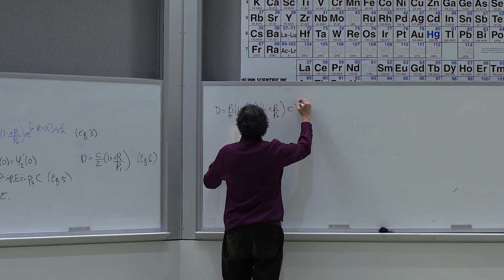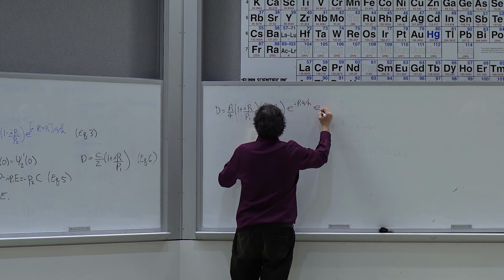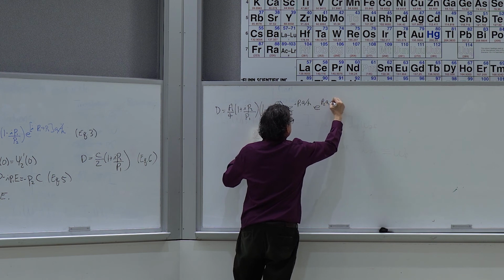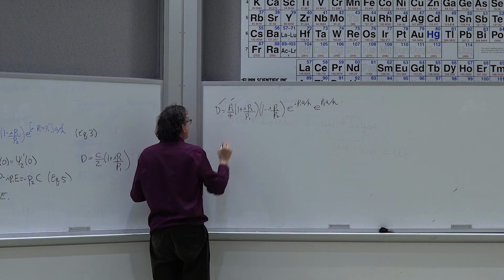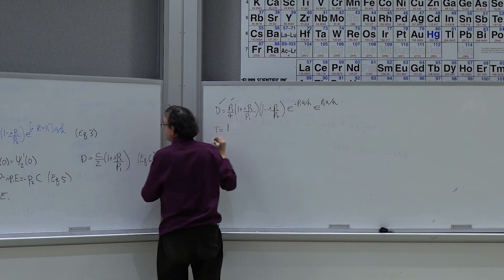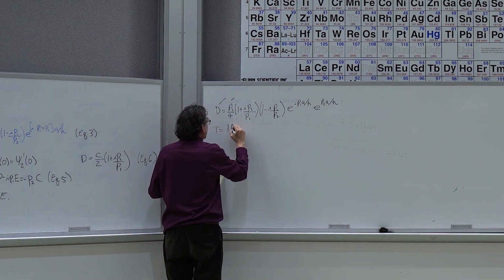E to the I P1 A over h bar times E to the P2 A over h bar. Okay, notice I have D and I have A. What I really need is the ratio. I need the ratio of A squared divided by D squared.